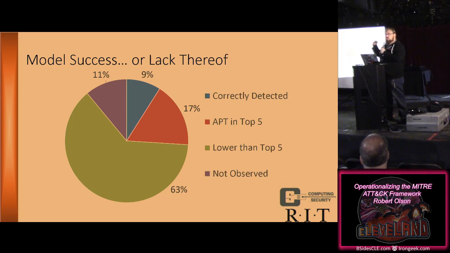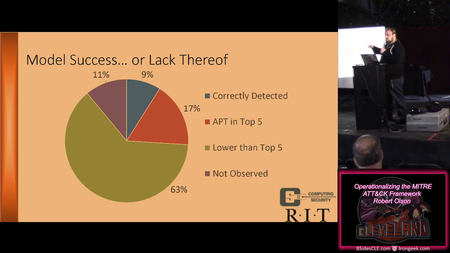I would say we did pretty well 17% of the time with having the APT that we're emulating in the top 5 results. That's still a pretty good result when you try and think about which adversary is in the environment. But when you put those two together, we're still only doing pretty okay 24% of the time. That's still not great.